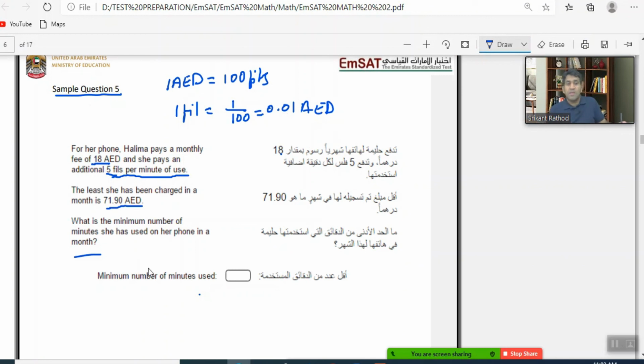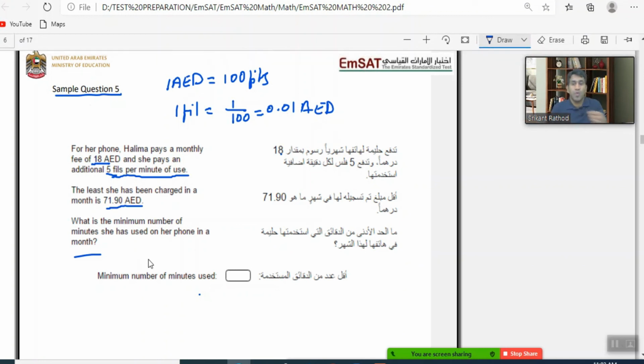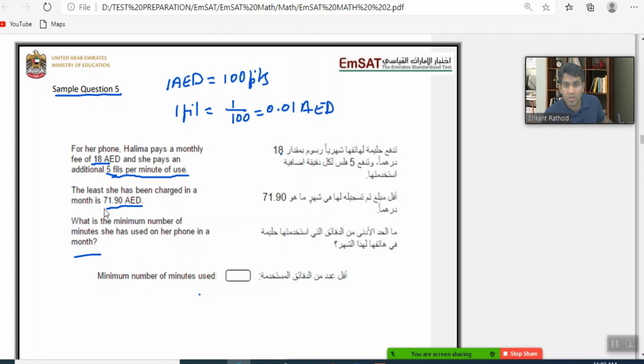So now let me translate this word problem into an expression. The total amount she paid here is 71.90. So 18 dirhams is her fixed charge, plus we are finding how many minutes she spoke. Let's consider she spoke for x minutes and each minute charges her 5 fills.